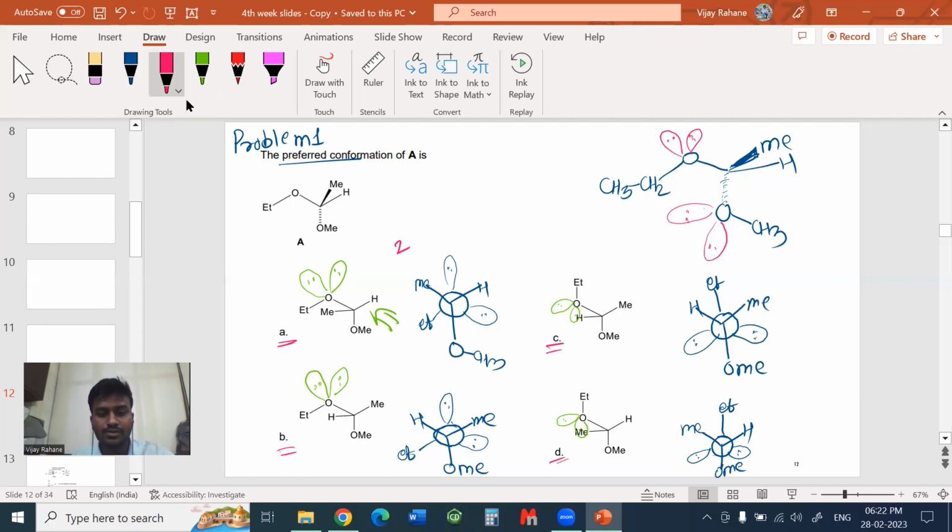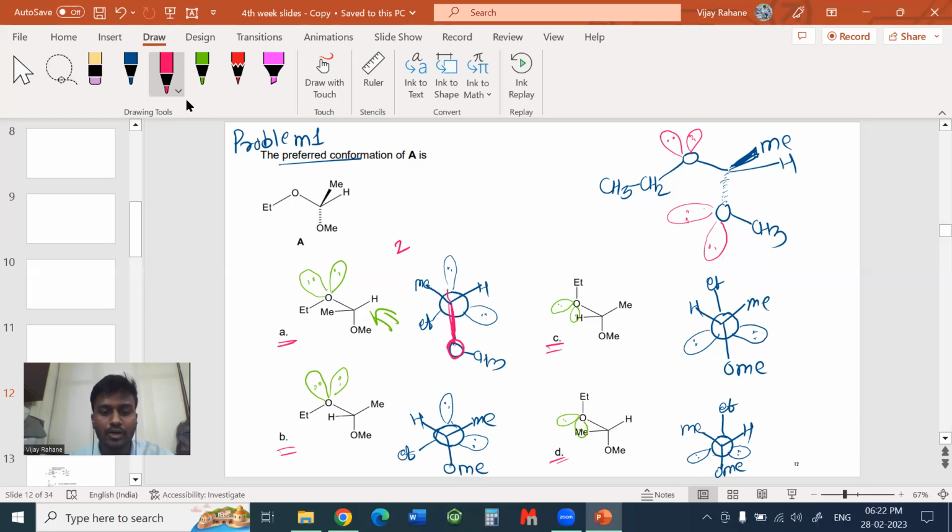And also the stabilizing interaction is also there, right? Since this bond is a polar bond, its electron density lies more toward this oxygen, right?